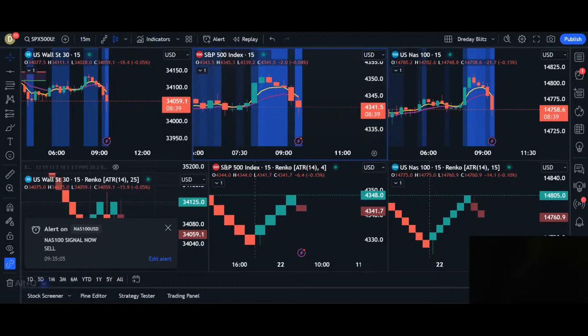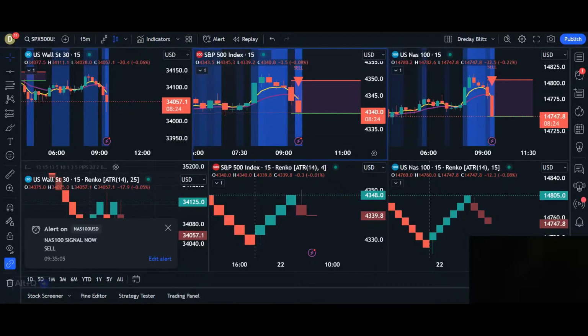Since the news event is at 9:45, I would start trading at 10 o'clock or 10:15. If we have a signal between 10 and 10:15 or afterwards, that will be the best time to trade. And sometimes it's going to give you the actual signal at the actual news event time.